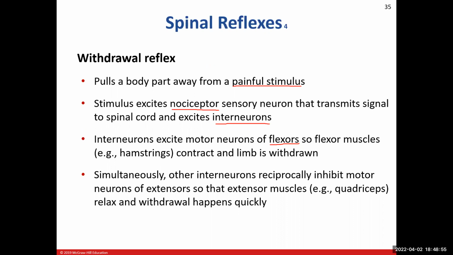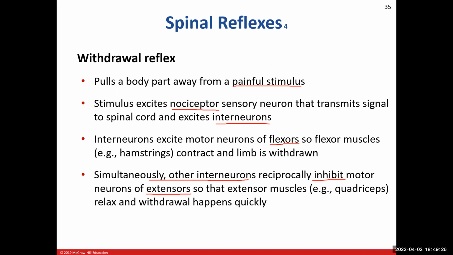Now, at the same time, we don't want a situation in which the antagonistic muscle group also contracts. So what do we do? We have some interneurons involved again that will inhibit the motor neurons to the antagonistic muscle group. In this case, that's the extensor muscle group of our lower extremity.